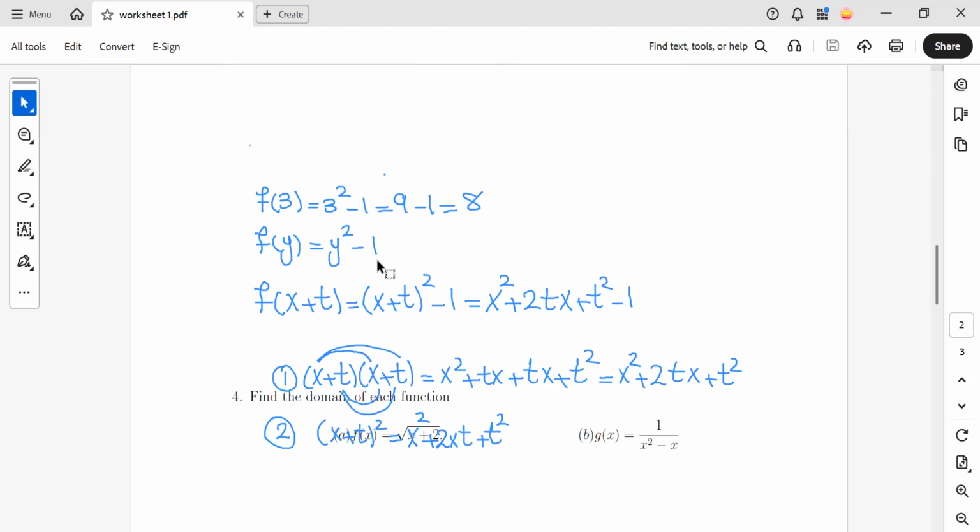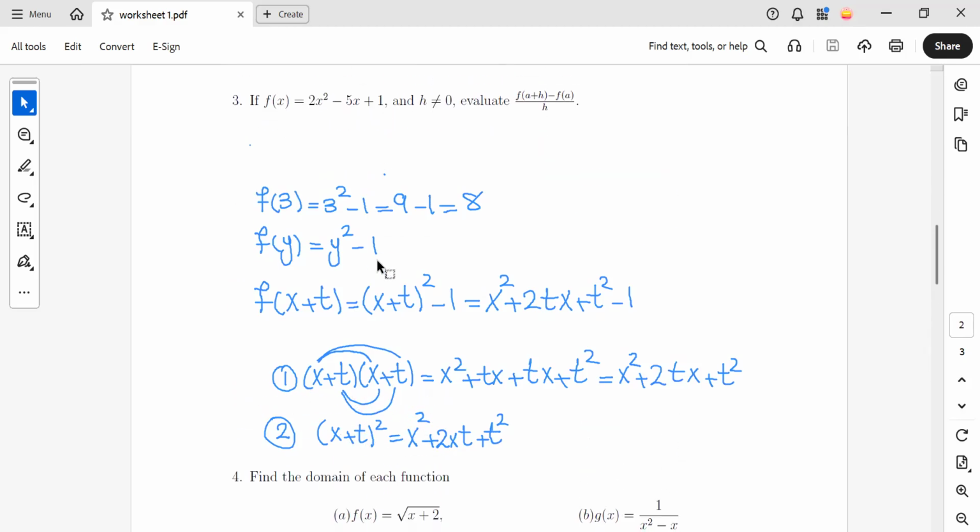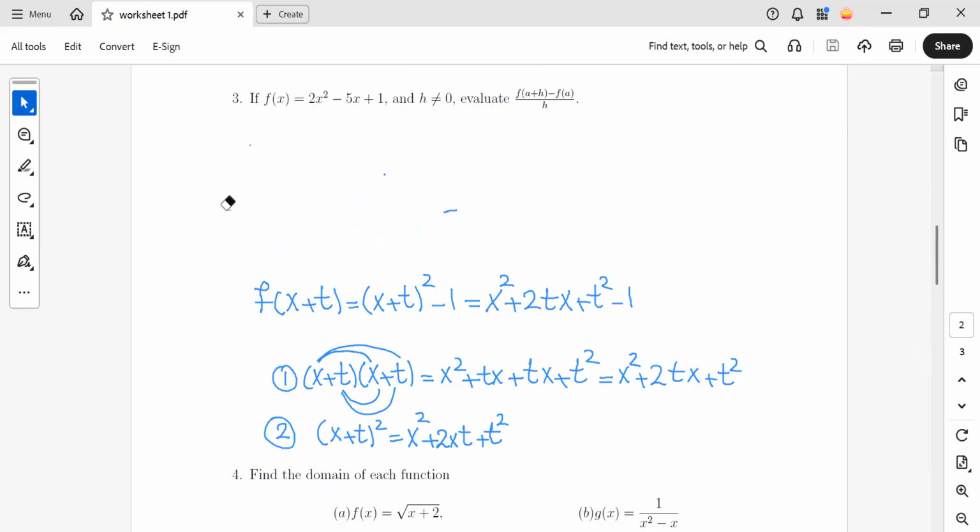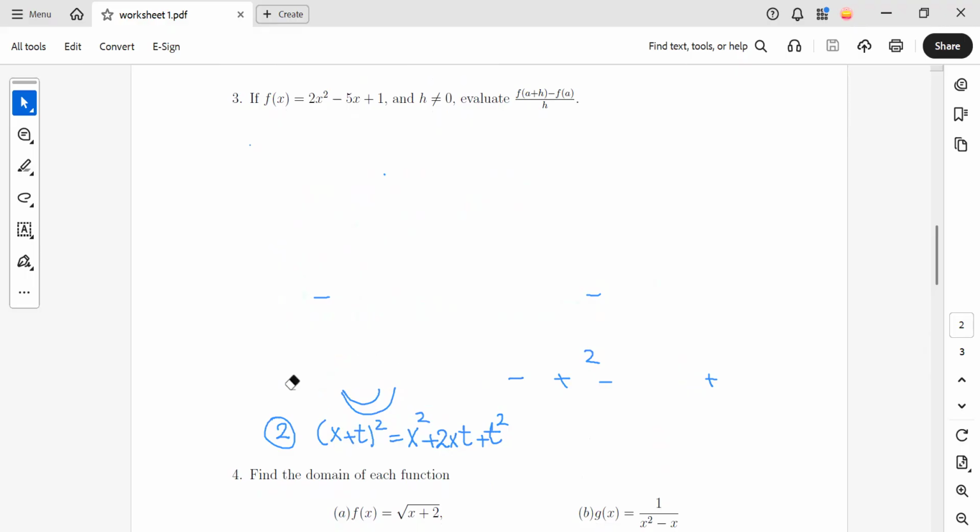Let's do number 3 here. For number 3, it says f of x equals 2x squared minus 5x plus 1. And the question asks about finding this quotient.